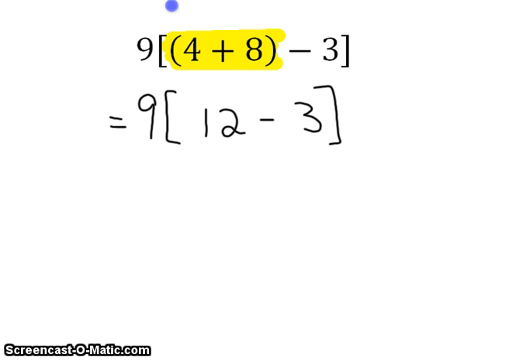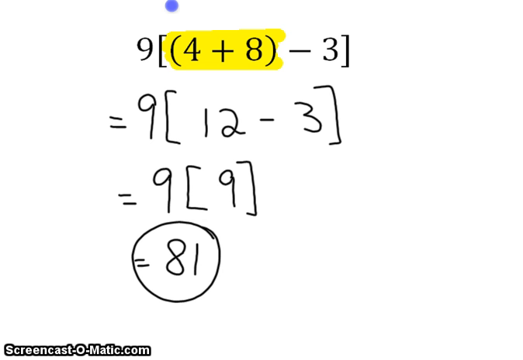Now I have to simplify what's in the bracket. 12 minus 3 is 9. Okay, so we'll keep it a bracket just because that's what it started out as. Now that means to multiply 9 times 9, and that is 81. So with multiple groupings, you want to work on or simplify the innermost groupings first.